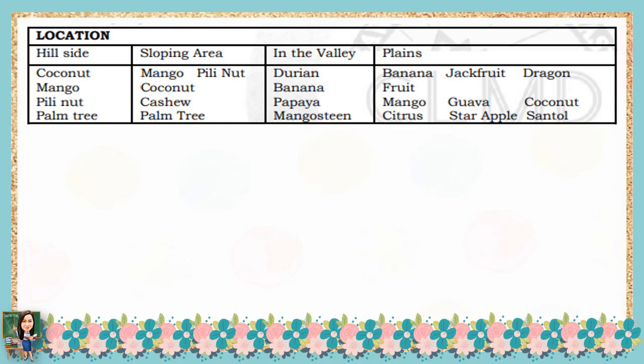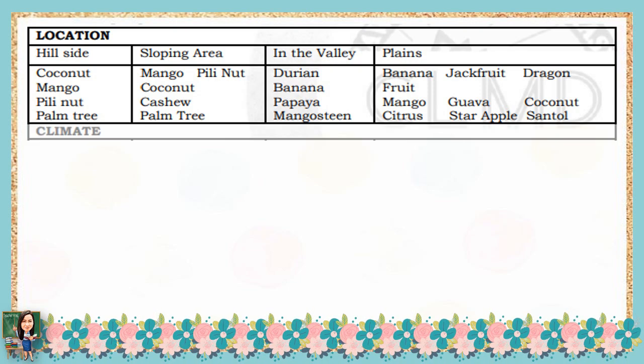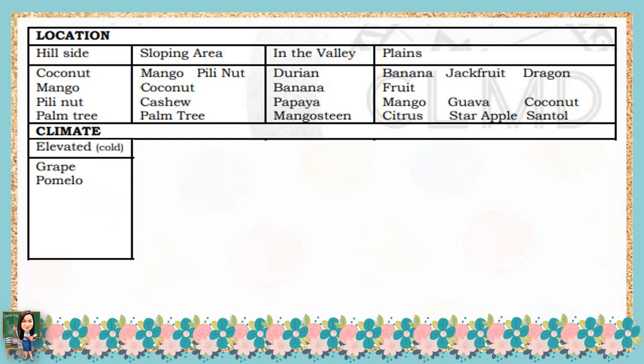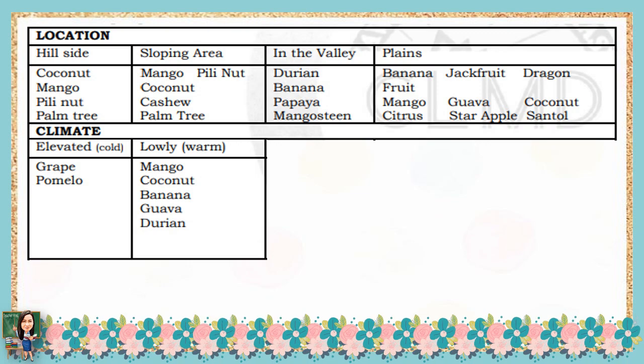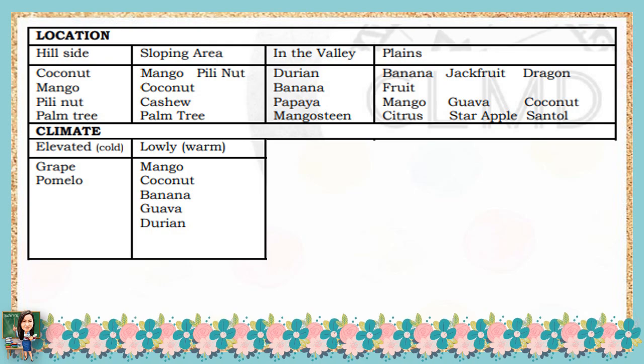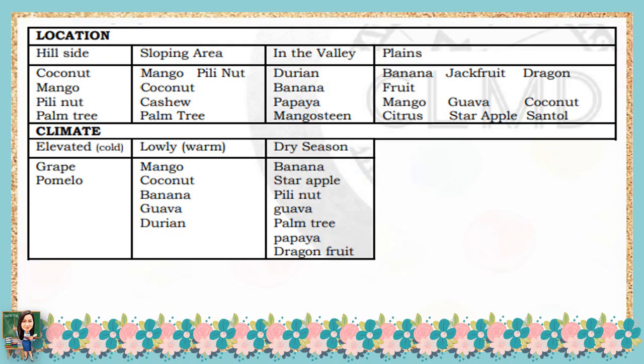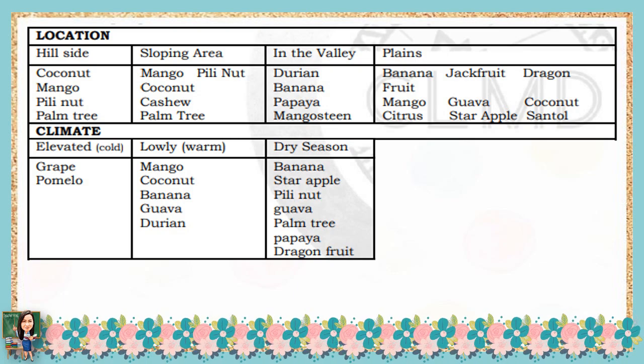Next is climate. If the climate is elevated or cold, you can plant grape and pomelo. If it's lowland or warm, you can plant mango, coconut, banana, guava, and durian. If the climate is dry season, you can plant banana, star apple, pili nut, guava, palm tree, papaya, and dragon fruit.